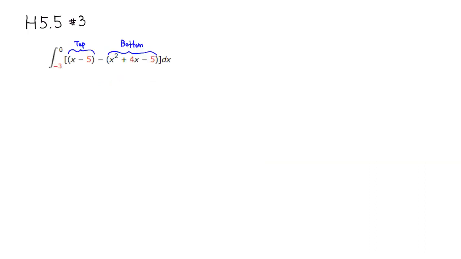I'm going to find the vertex first. You have y equals x squared plus 4x minus 5. Let's complete the square. So you have x squared plus 4x, and I'm going to put -5 over here.